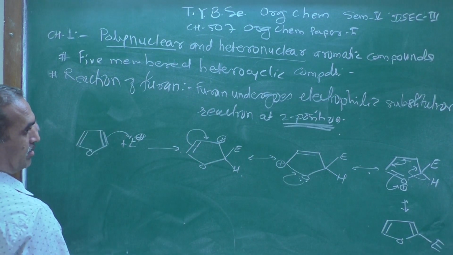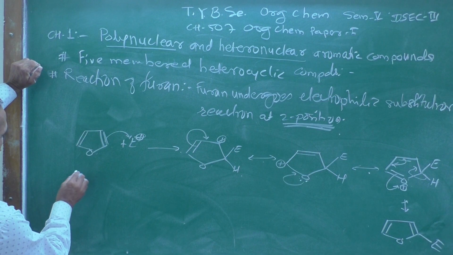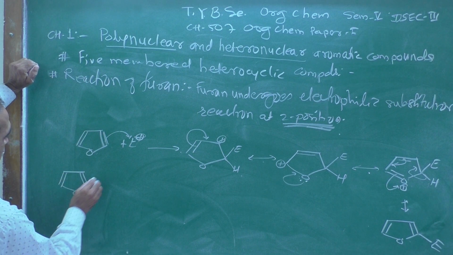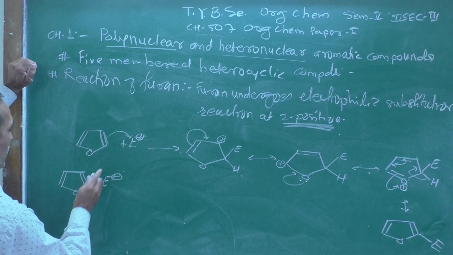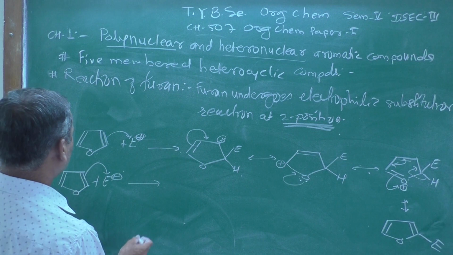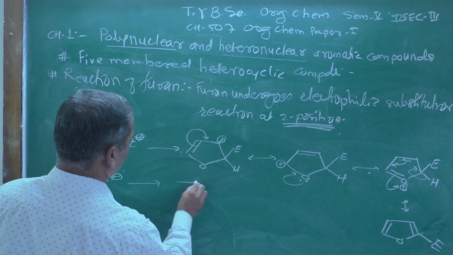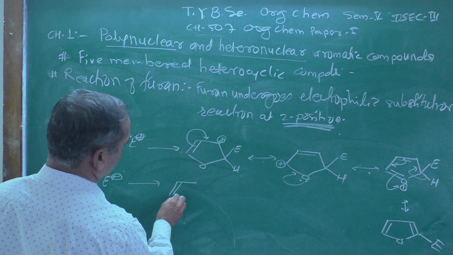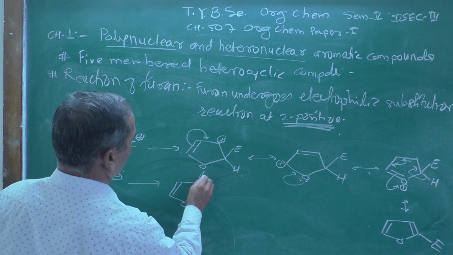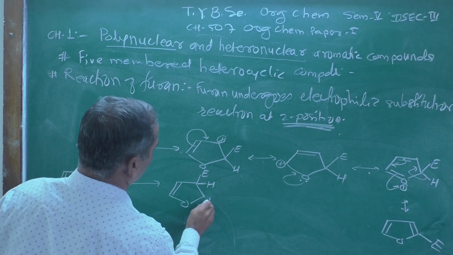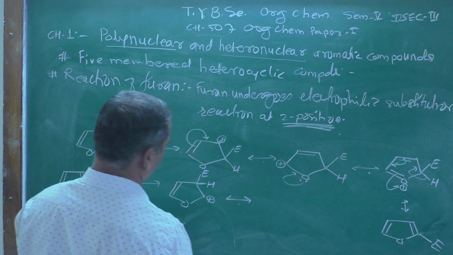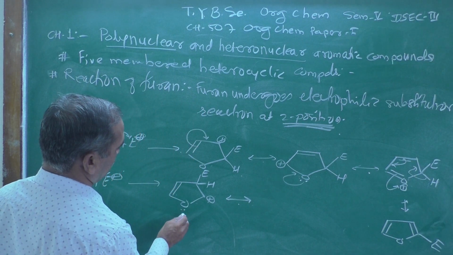Suppose let us assume that in furan, the electrophile attacks in this manner. What would happen? After that, the oxygen atom here, we can show the electrophile E, H, with positive charge on it. Now we can show the resonating structure over here.